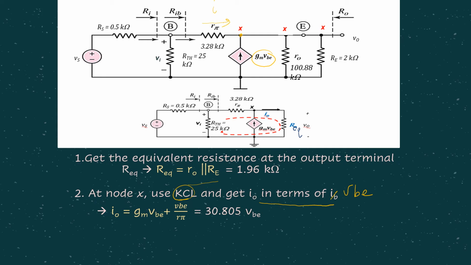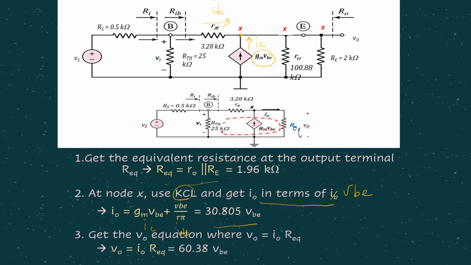So we may consider this as IB, and this as IC. So I0 is actually given by IC plus IB. IC is GMVBE and IB is VBE over R pi.